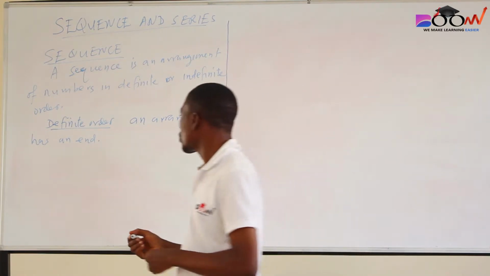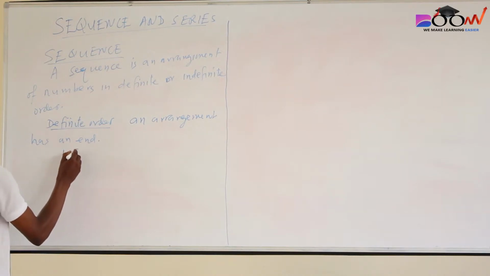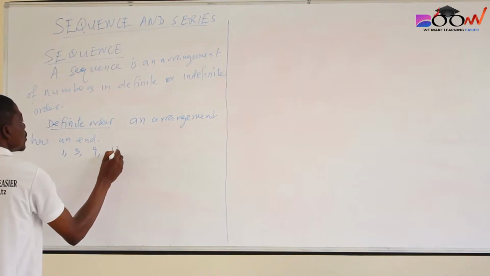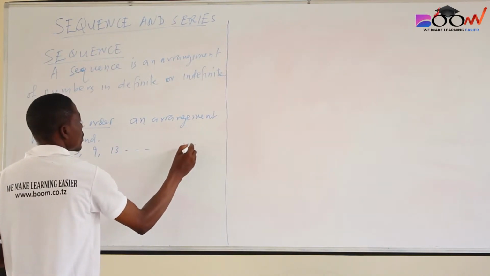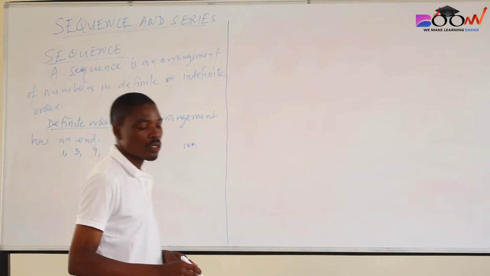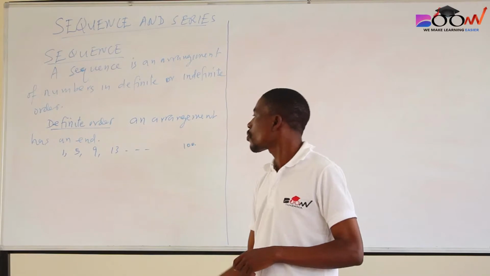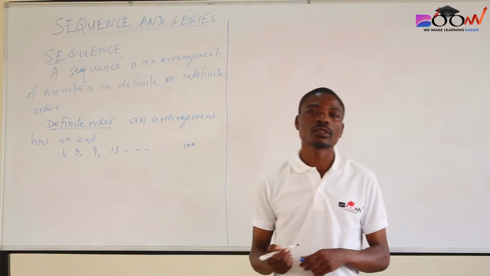Taking an example, let's say you have 1, 5, 9, 13, up to 100.